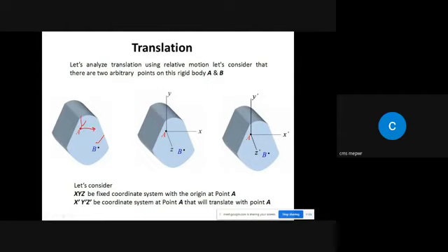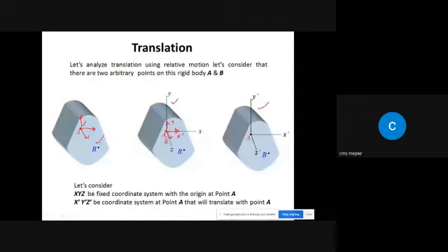Let's put our coordinate system on this point, that is x, y, and z as shown over here. Let's make another coordinate system on this point, and that coordinate system is x dash, y dash, and z dash as shown in this diagram.